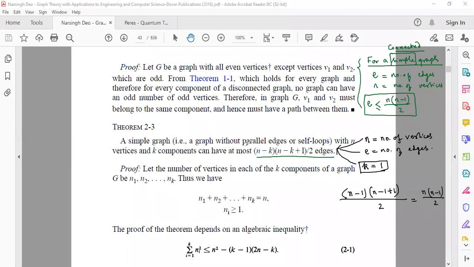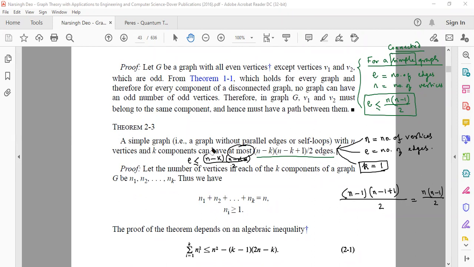And the words "at most" are already there, which means the number of edges is either less than this value or equal to it. So we have seen that this result which you proved for a simple graph is actually a special case of the given result.